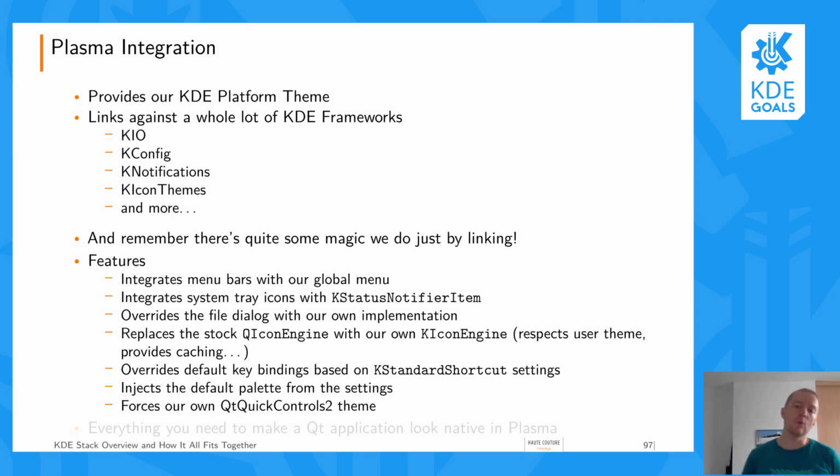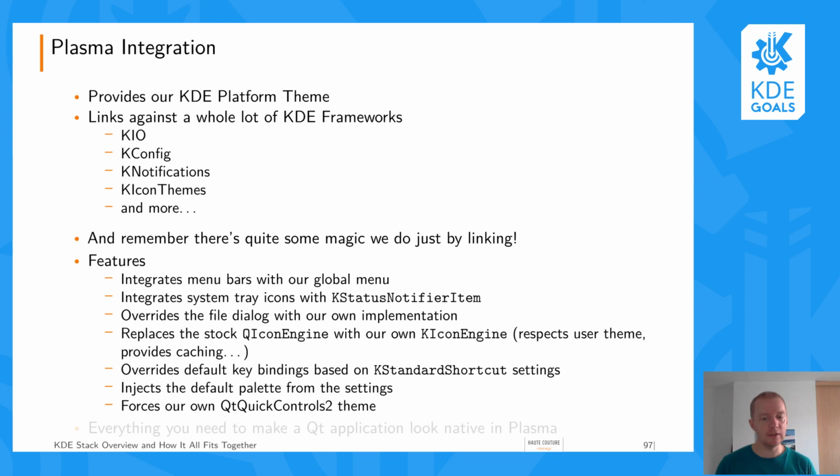We do that from there. Replacing the stock QIcon engine with our own KIconEngine, which respects the user theme, which provides inter-process caching. That's done through the platform theme. Overriding the default key bindings based on the standard shortcuts by the user. We do that as well.